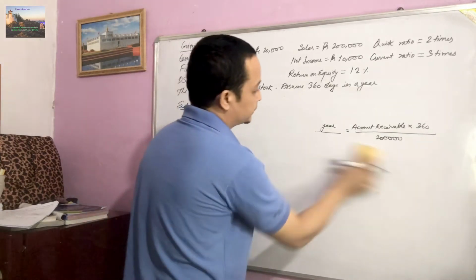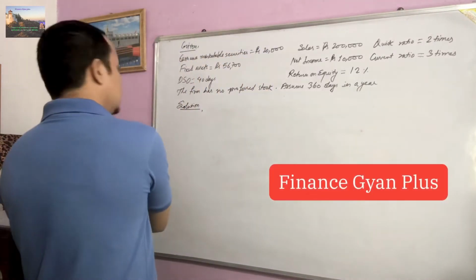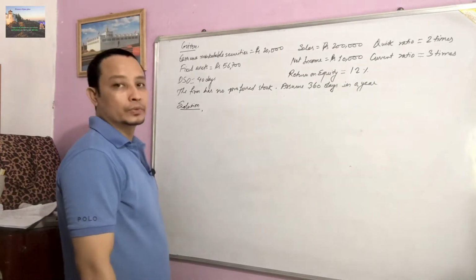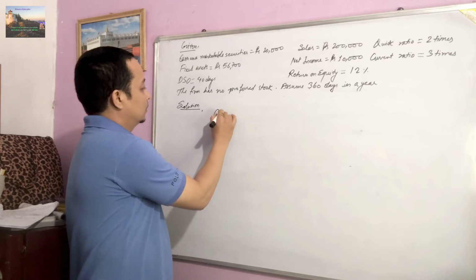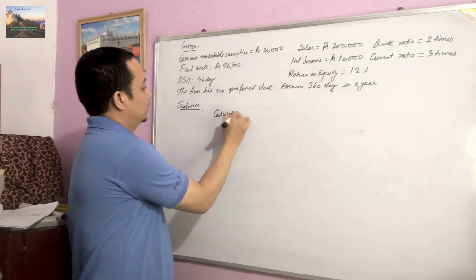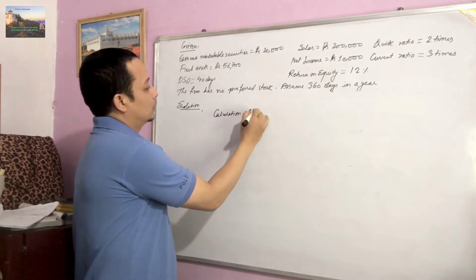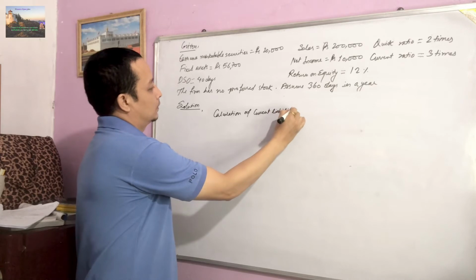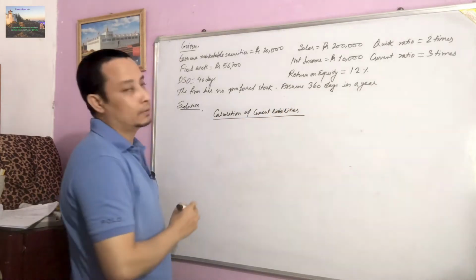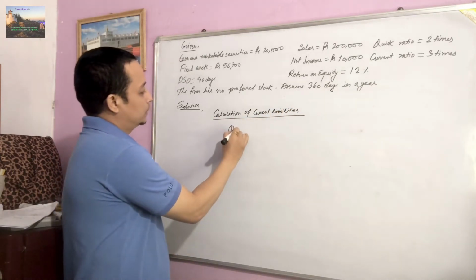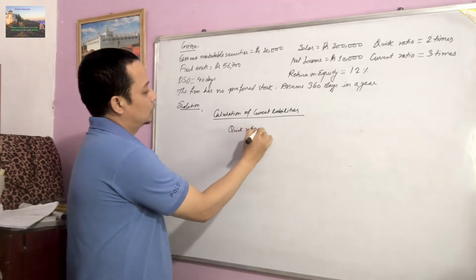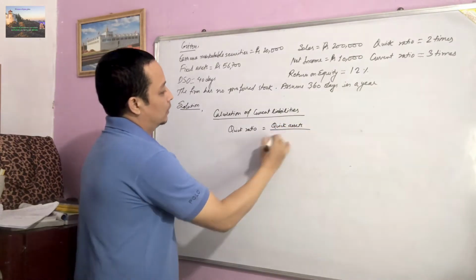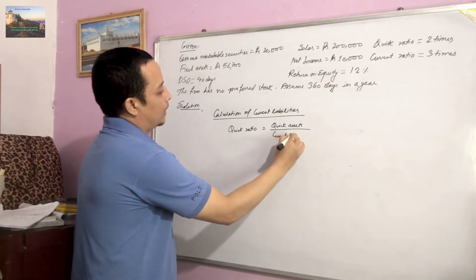Now after finding account receivable, you can find current liabilities by using quick ratio. Calculation of current liabilities. For calculation of current liabilities, you use quick ratio. Quick ratio equal to quick asset upon current liabilities.